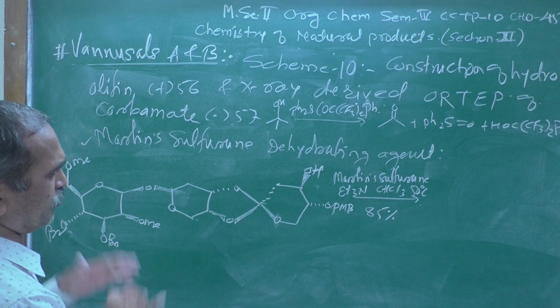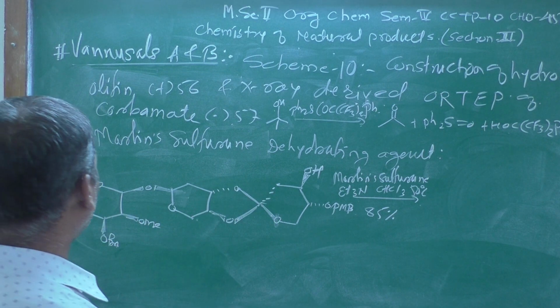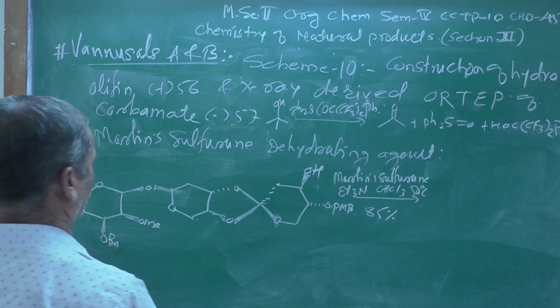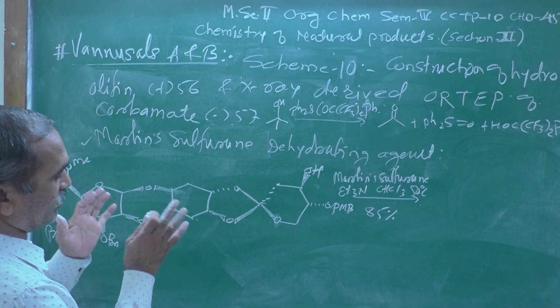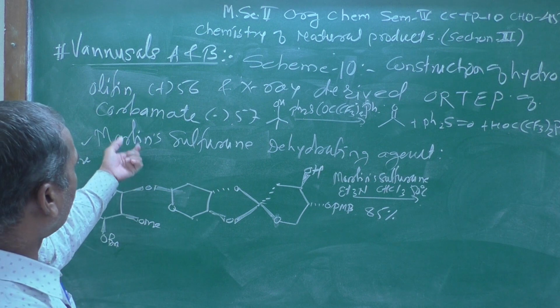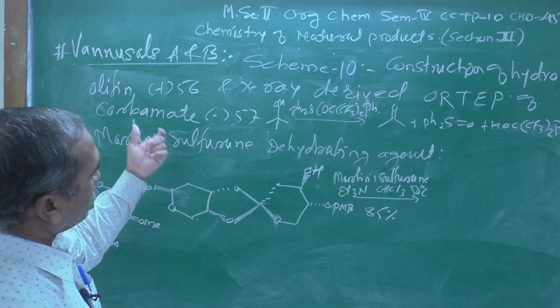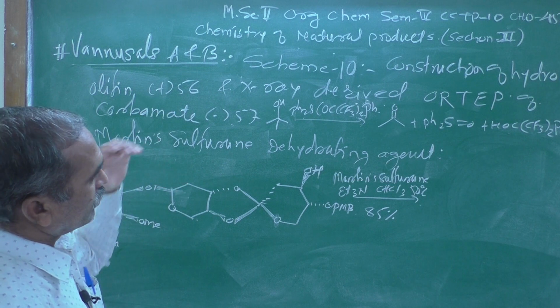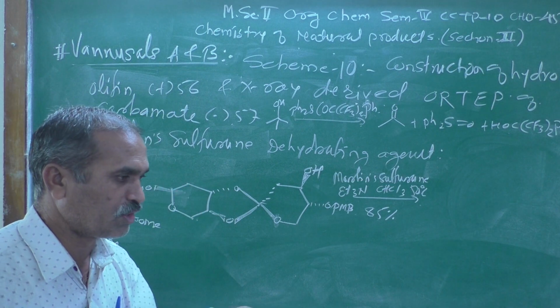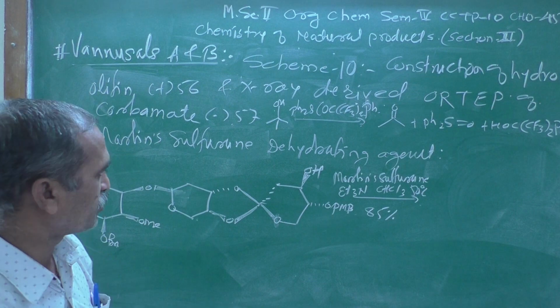Students get very confused by looking at this structure, but it's very easy. Remember the principle of Martin's sulfurane. It converts secondary and tertiary alcohols into olefin.